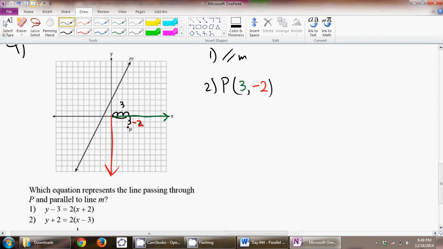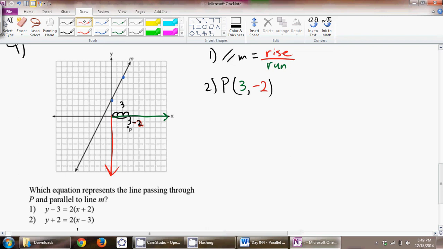Well, let's figure out what the slope of line M is. Let me put a point here, in blue, here and there, where it crosses. Those 2 points. The slope is going to be rise over run.